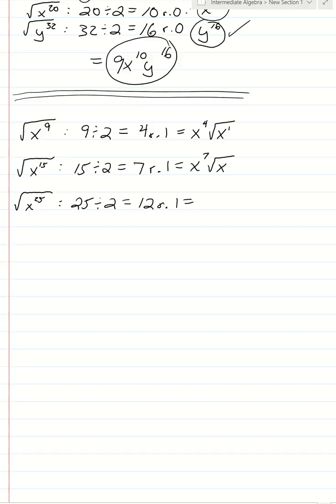So our simplified radical of the square root of x to the 25th gives us x to the 12th power and a leftover square root of x to the 1st power. What goes in evenly becomes the exponent of the outside variable. Whatever the remainder is becomes the exponent of the variable that still hangs out under the radical.